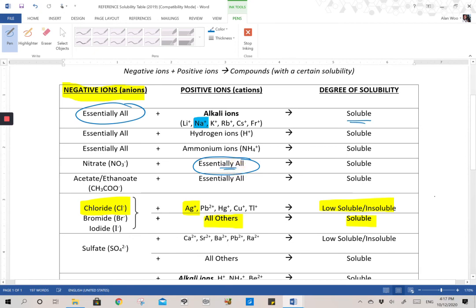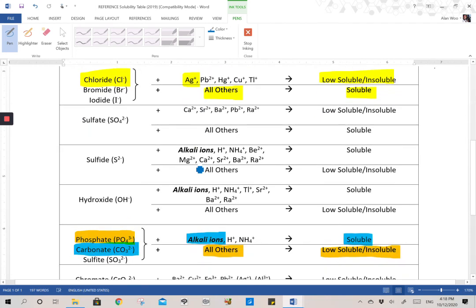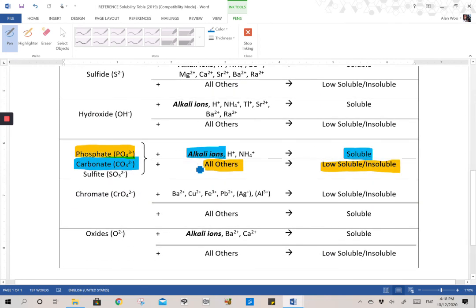So that's what essentially all means. It means virtually any positive ion or virtually any negative ion would have these kinds of effects when they're paired up with alkali ions or nitrate ions. So it's important to pay attention to these lists because they are usually there to help you. And sometimes if you don't pay attention to them, you'll misidentify the solubility. So for the most part, the table itself isn't hard.